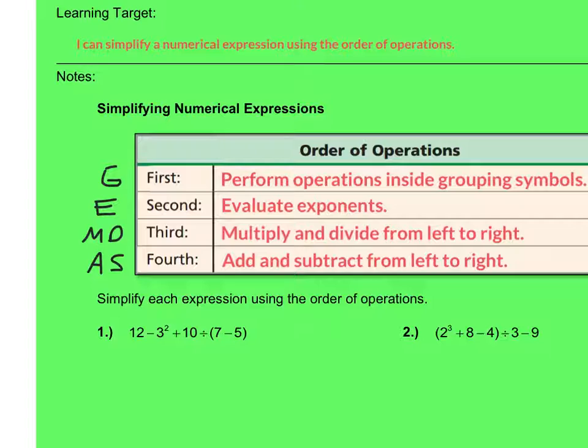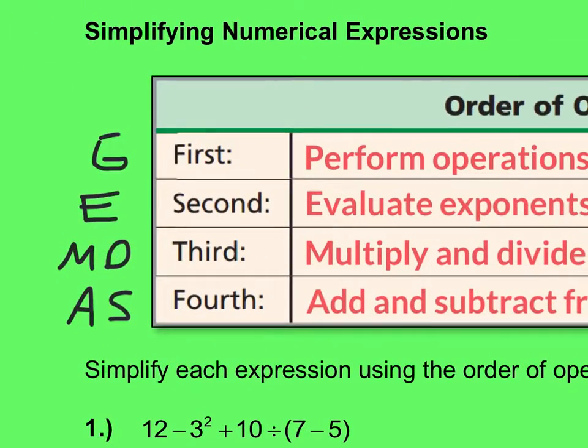Now I like to do something to this little GEMDAS to remember it. The G stands for grouping symbols, and the most common one of those are parentheses. So I like to put parentheses around the G. E stands for exponent, so I like to put a little 2 next to it to show that it looks like an exponent.